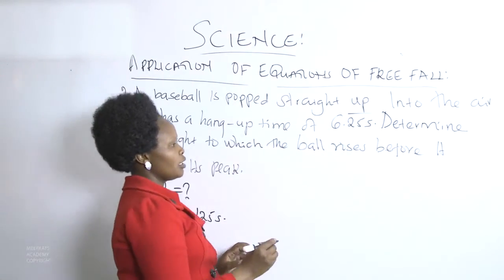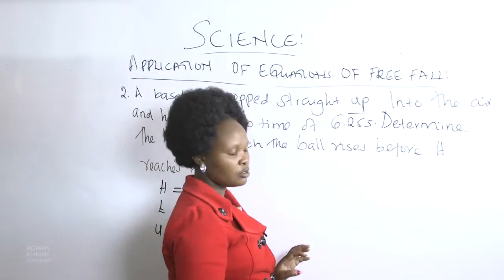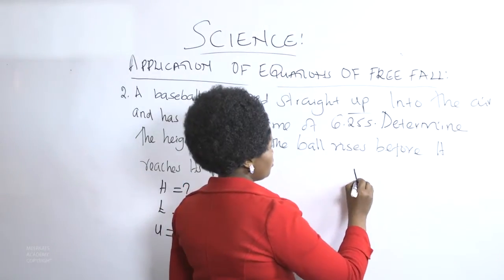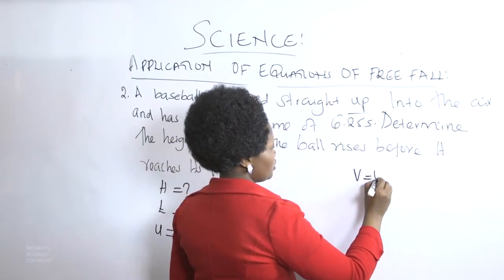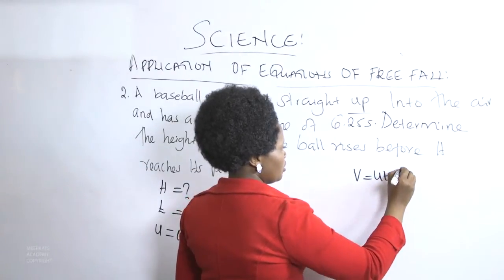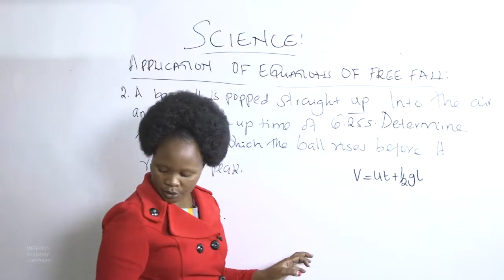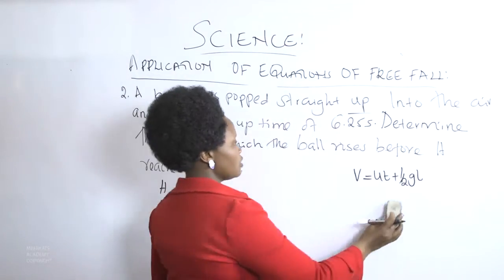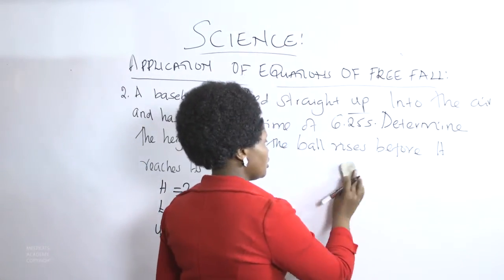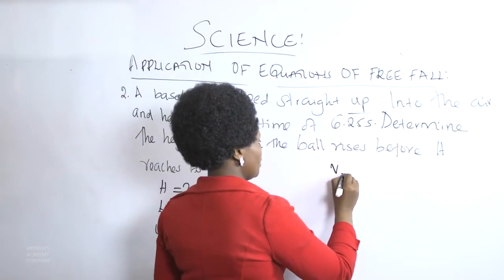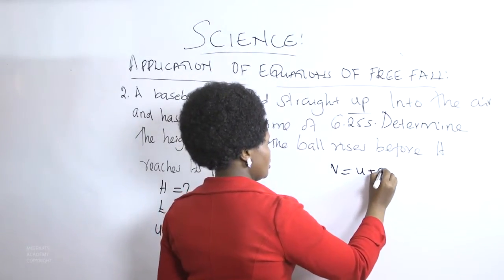Now we go back and examine the equations that we have. Equation 1, v is u plus at.